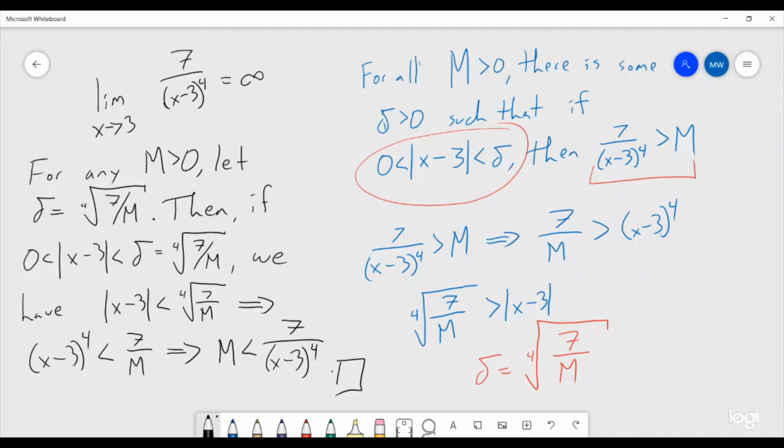And that would be enough to show that the limit as x goes to 3 of 7 over (x minus 3) to the fourth is actually equal to infinity.